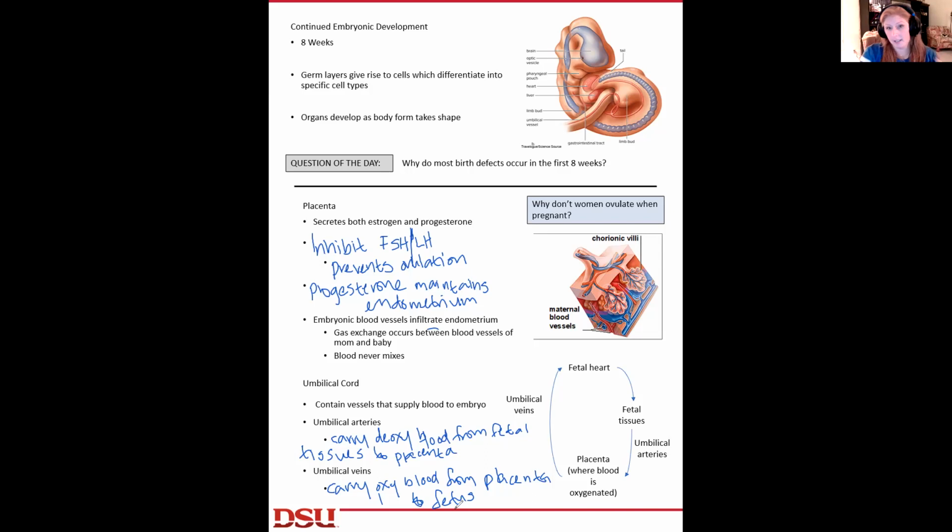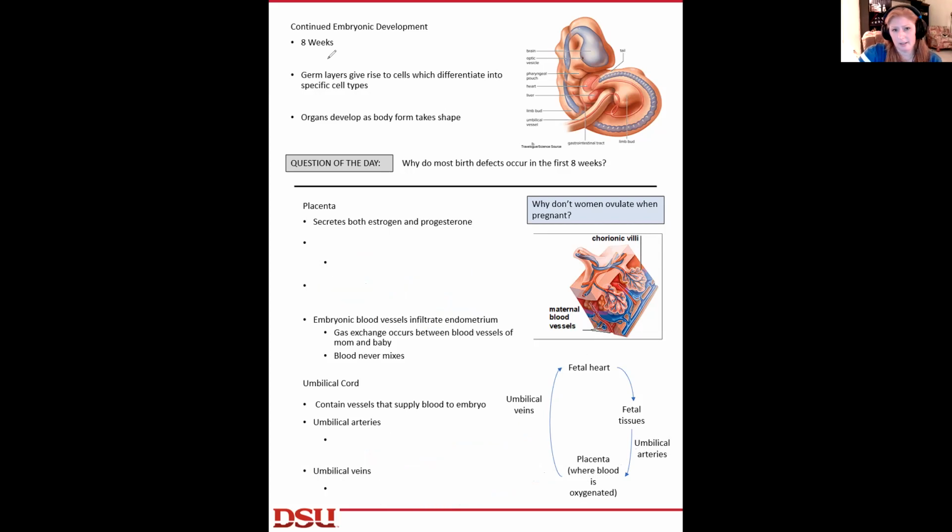So arteries carry deoxygenated blood away from the fetus, and veins carry oxygenated blood to the fetus, which is what this little chart shows. Fetal heart, blood circulates to the tissues. The umbilical arteries pick up that blood, which has now been deoxygenated, to the placenta. And then new oxygenated blood is sent back through the veins to the heart. So just remember, it's the opposite of what happens in somebody that's already born.